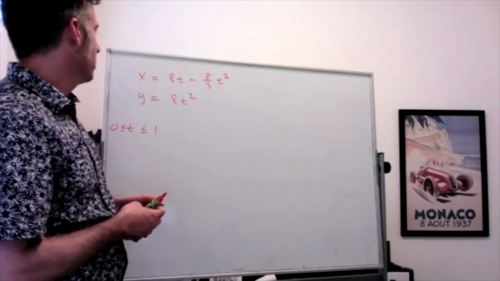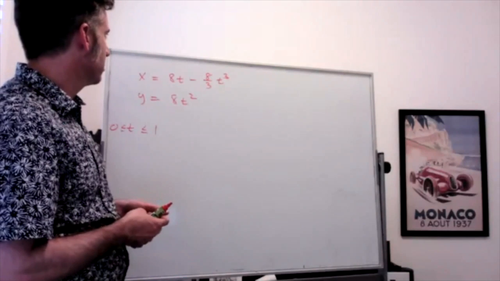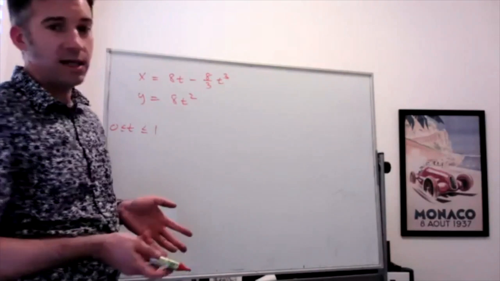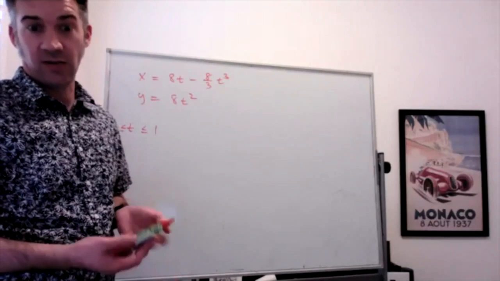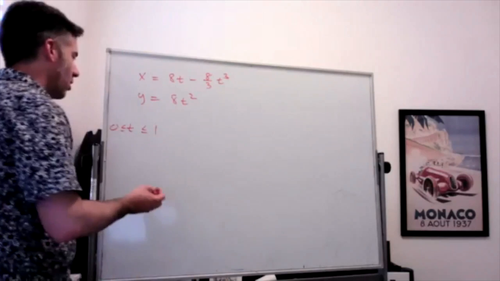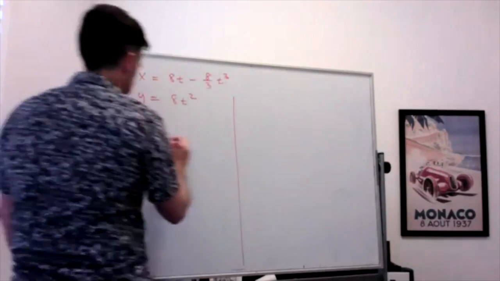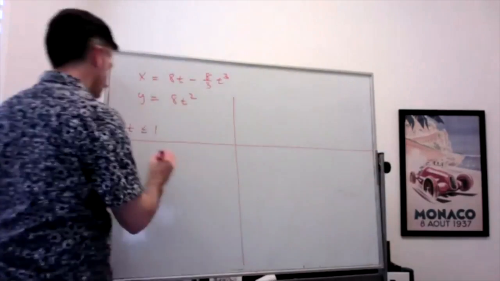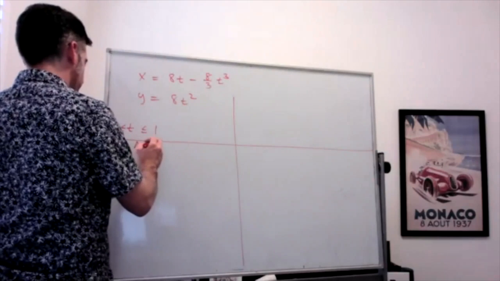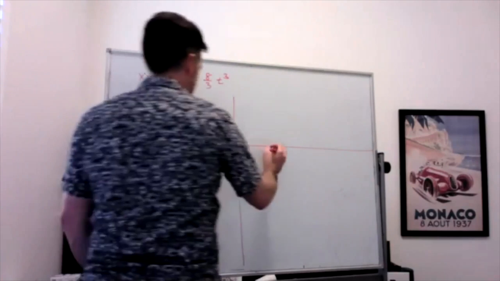And actually, let's talk about the difference between around the x-axis and around the y-axis. So we'll set up both of them. So we'll go around the x and we'll go around y.